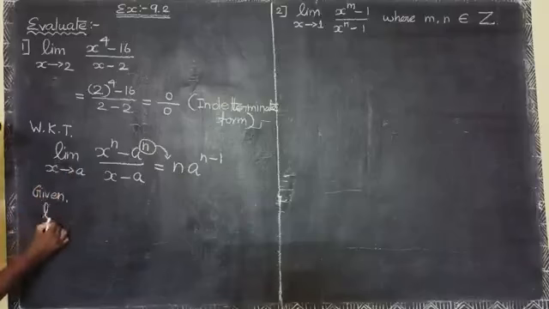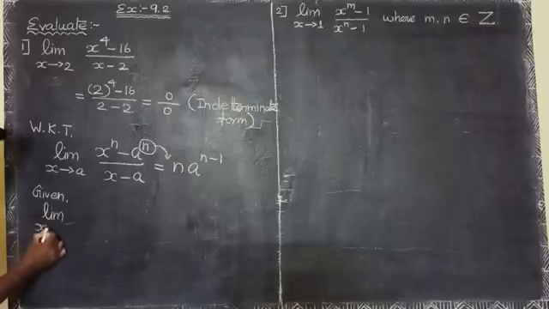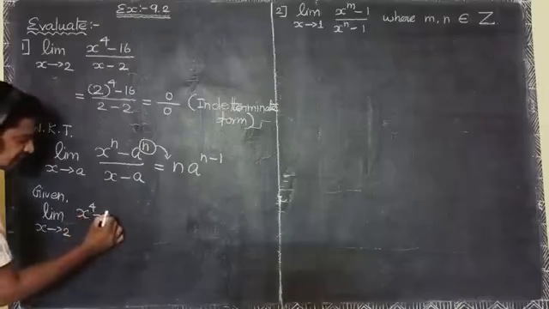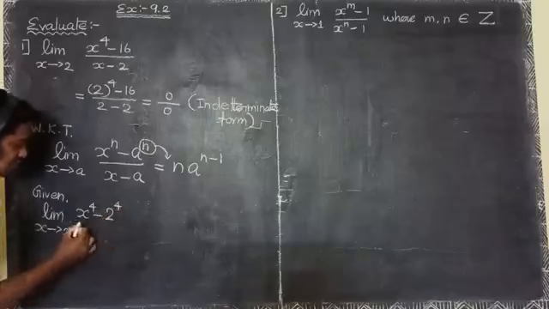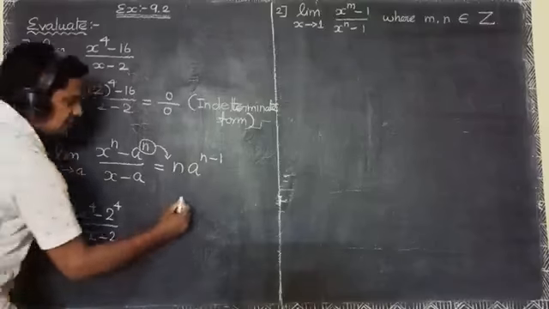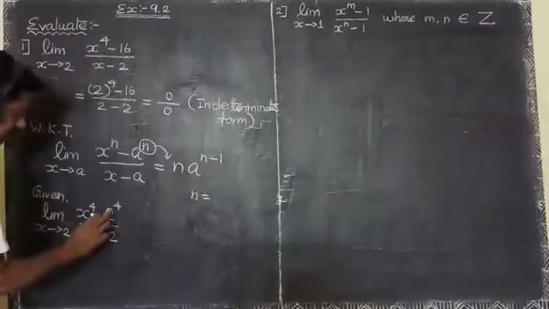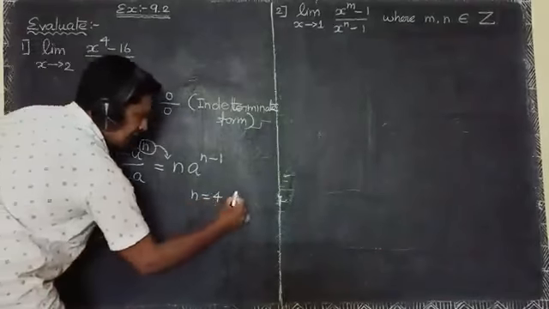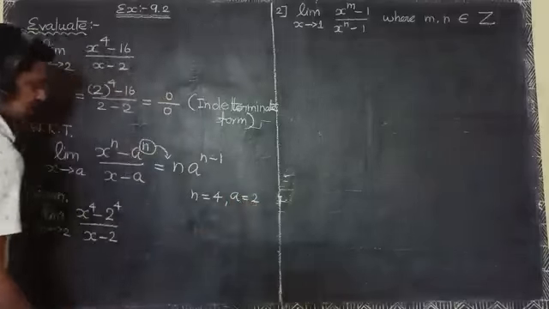Using this property in the given problem, limit x approaches 2 of x power 4 minus 16, where 16 can be written as 2 power 4, divided by x minus 2. Here n is equal to 4 and a is equal to 2.